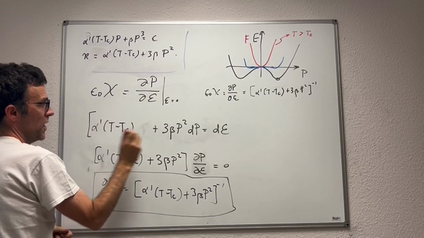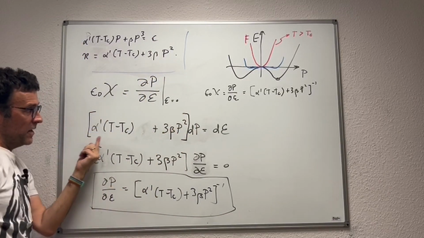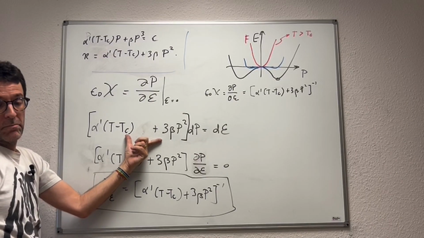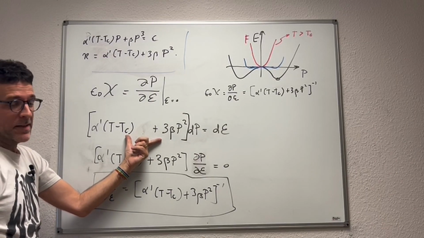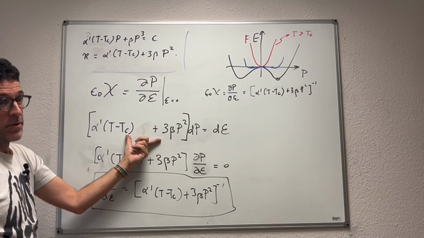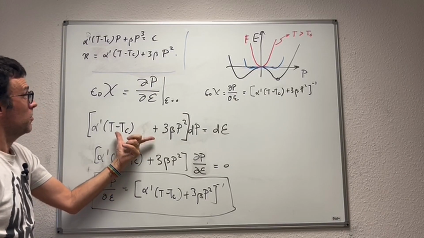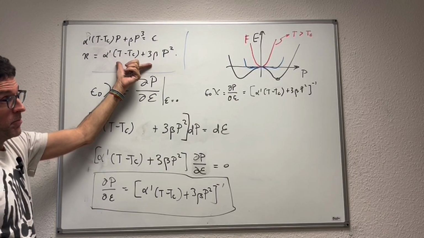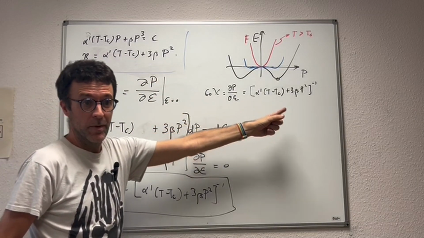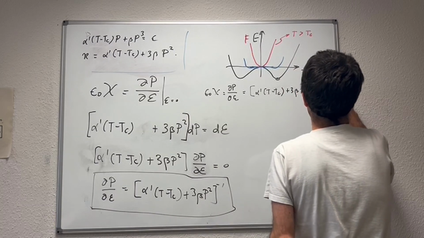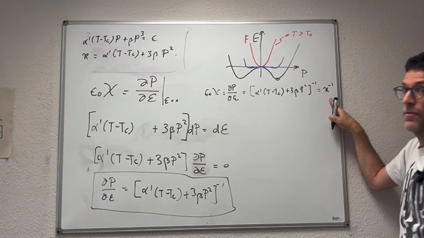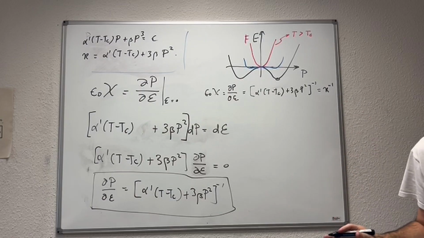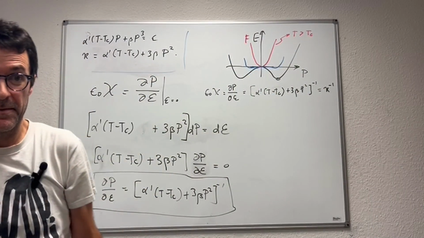So we could have grouped these terms, and that makes it very obvious that this object here is, in essence, the second derivative of the free energy with respect to the polarization twice, and this object here is exactly the stiffness that we had computed before. So the susceptibility is the inverse of the stiffness. As simple as that.